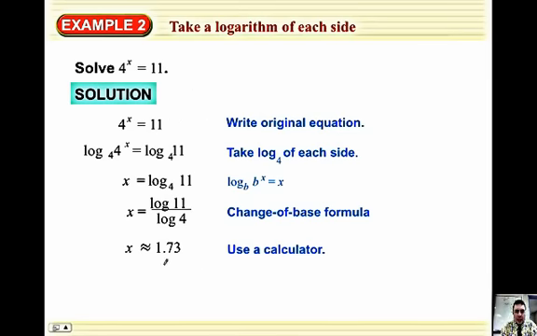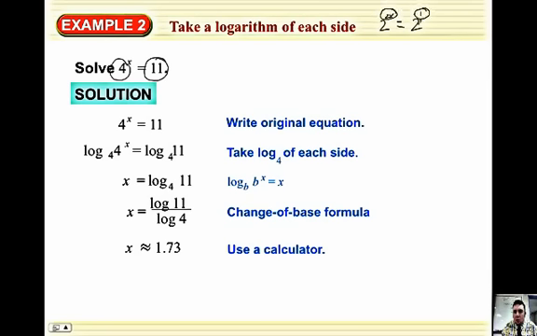So you can see the book did it exactly as I did it. It shows you the steps here. Maybe you'd like to see that. So there's example 2. What's the difference between example 2 and example 1? You couldn't get this side and this side to be the same base. If you could, then the bases are the same, and the exponents would be the same.